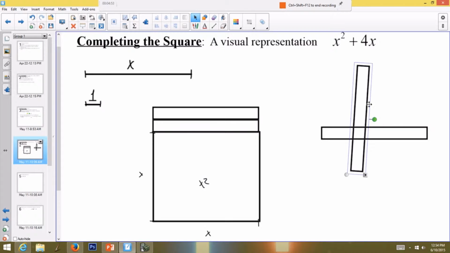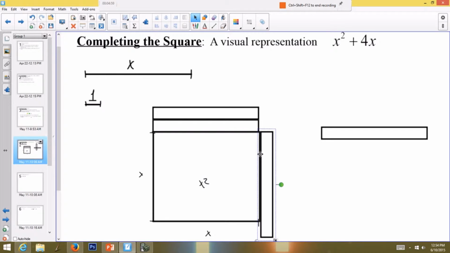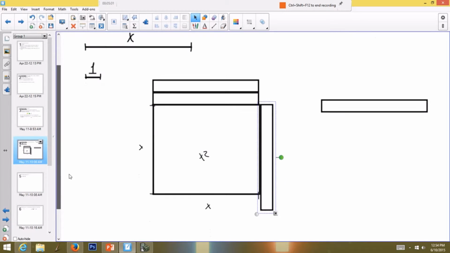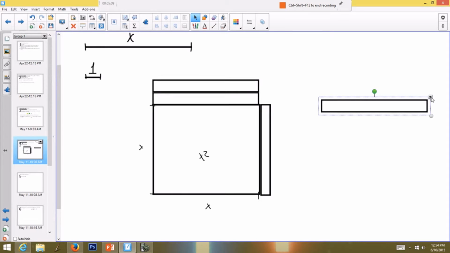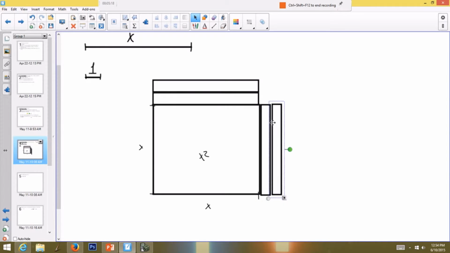I'm going to put this one right here, and obviously my square is a little wider than it is tall, so we will cut this out and clone this one. That way we can make it work. Okay, that looks pretty good.